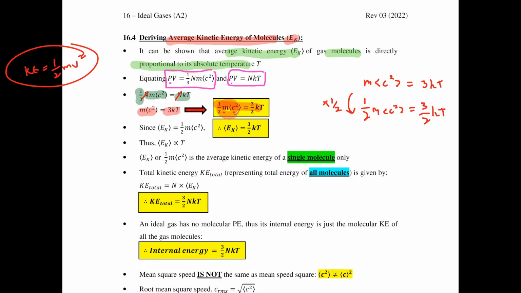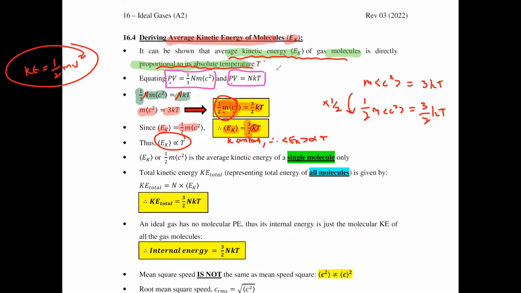This one is actually your average kinetic energy of your gas molecule. Okay, so that's why I can say that the average kinetic energy of a gas molecule is actually 3/2 kT. And k is a constant, your Boltzmann constant. k is constant, therefore EK is proportional to T. That's why you can say this: the average KE of gas molecules is directly proportional to absolute temperature.